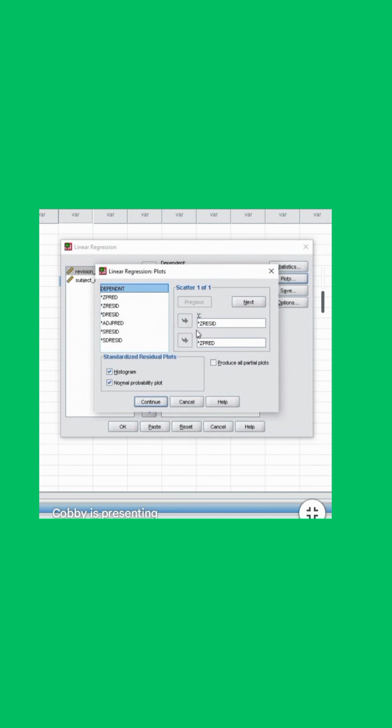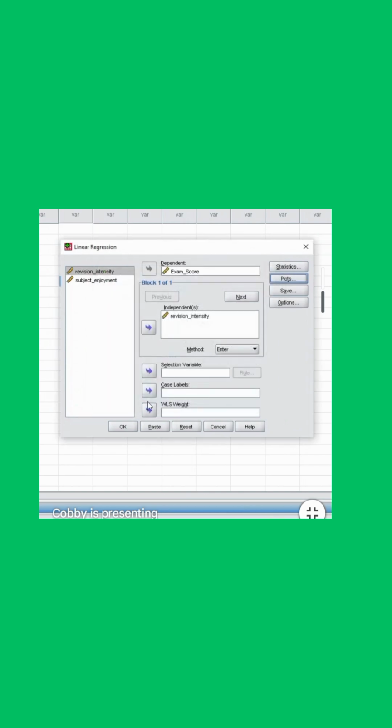Then you can choose the plot that you want to have, the histogram and the normal probability plot. Okay, then you say continue and okay.